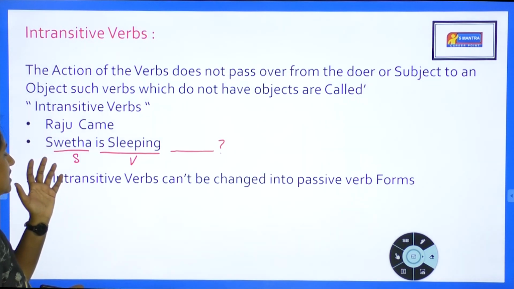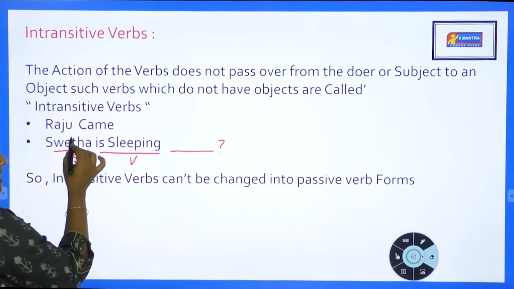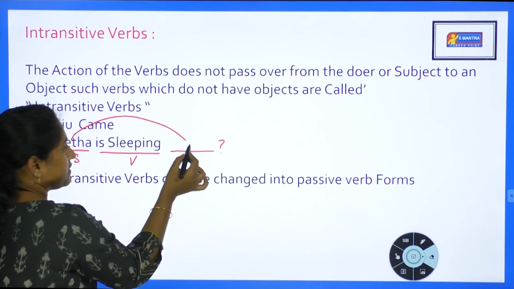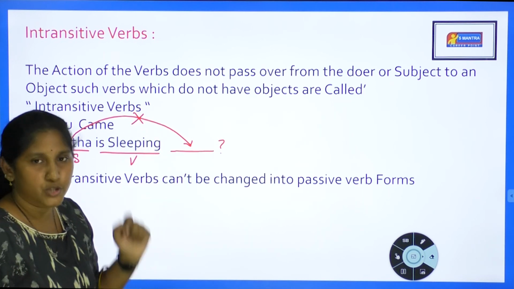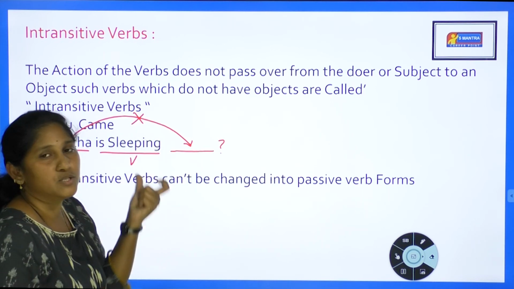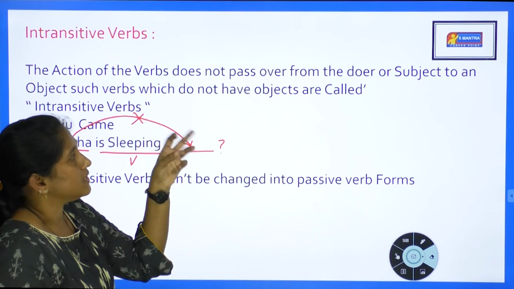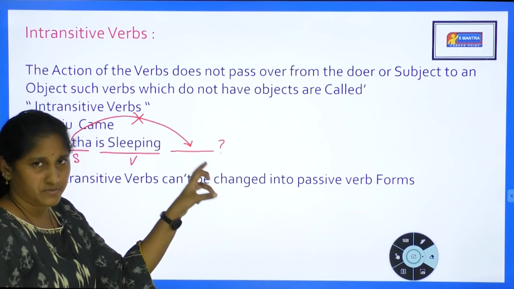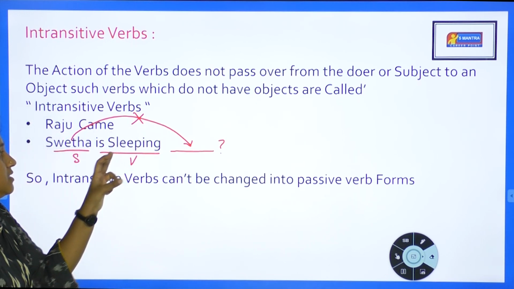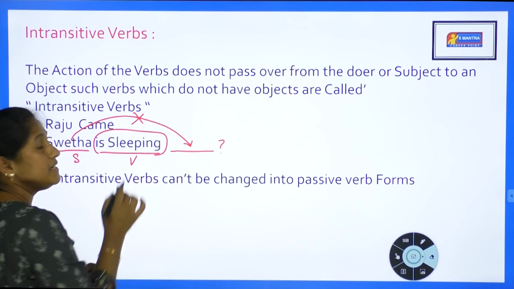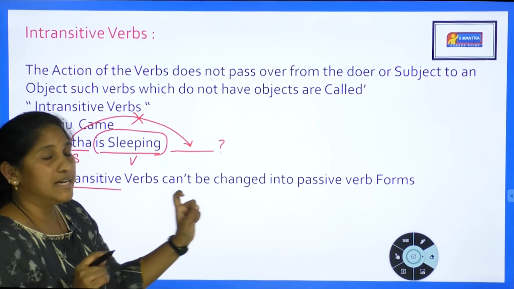The action is sleeping, but the subject Shweta is not passing the action to the object because there is no object's information. So in this context, the verb does not pass over from the doer to the object. This kind of verb is called an intransitive verb.